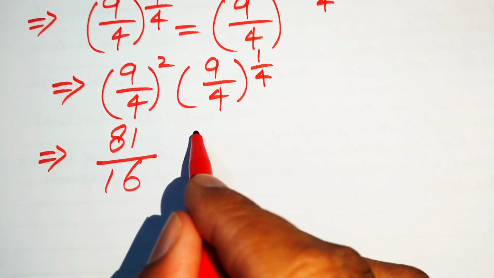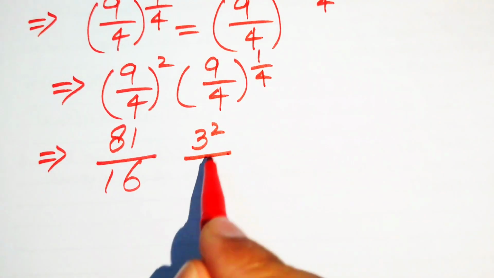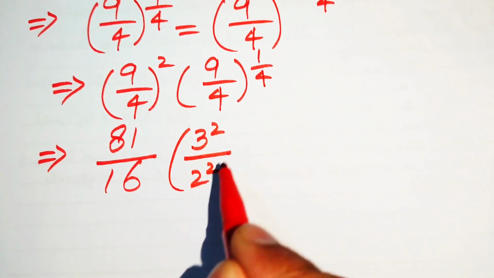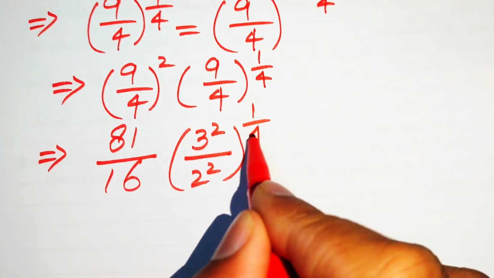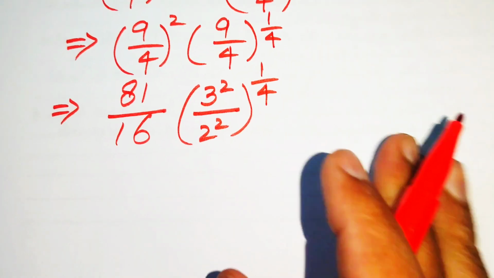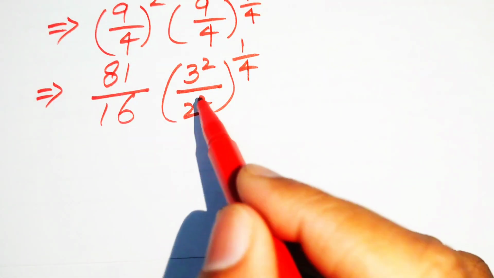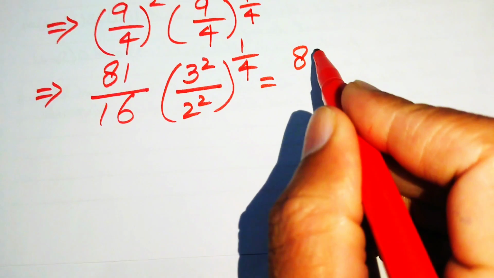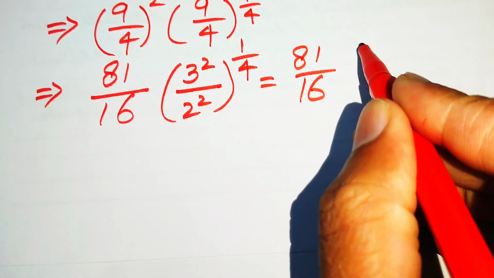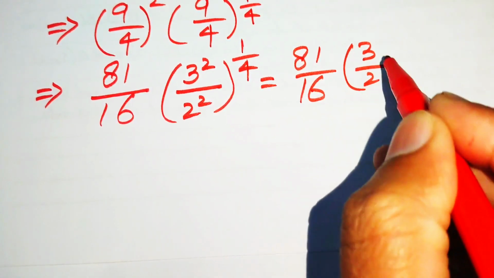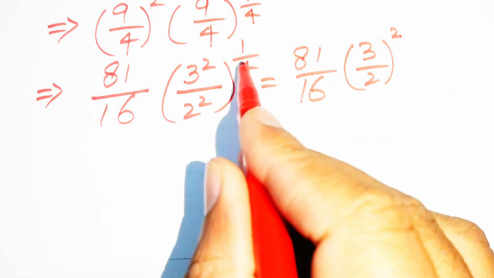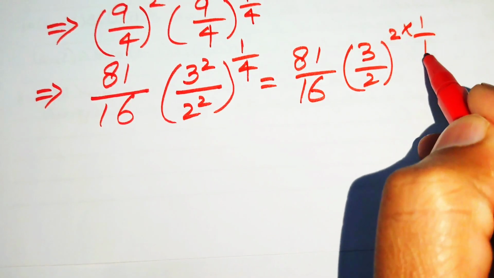We know that 9 is the square of 3 and 4 is the square of 2, and its whole exponent is 1 over 4. Now we combine the square on both of these terms, and it is written as 81 over 16 into 3 over 2 whole square, and its exponent is 1 over 4.